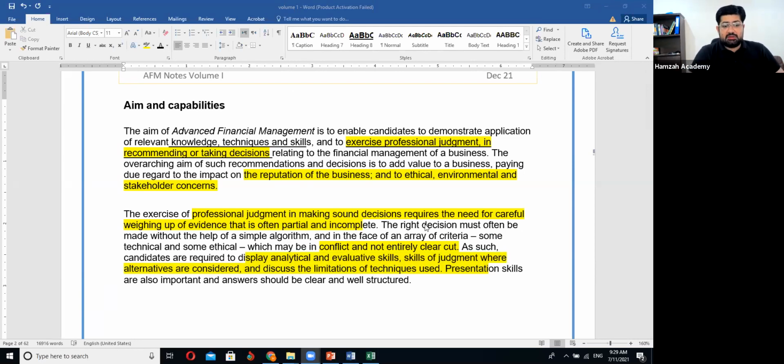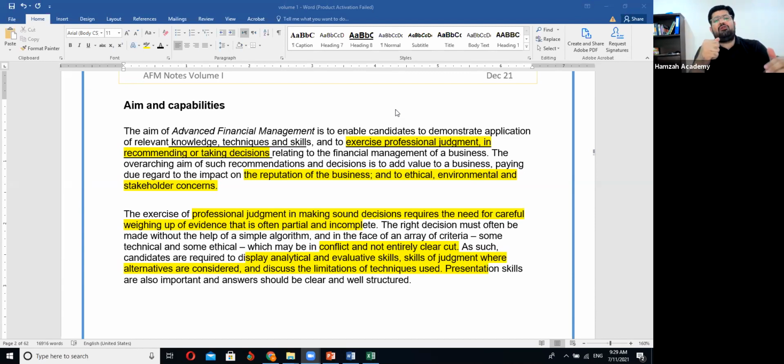So students, it should be clear-cut that P4 is an analytical subject. And what I was about to say when I got interrupted because a student was unable to connect: without AFM, I think ACCA is incomplete. Why?